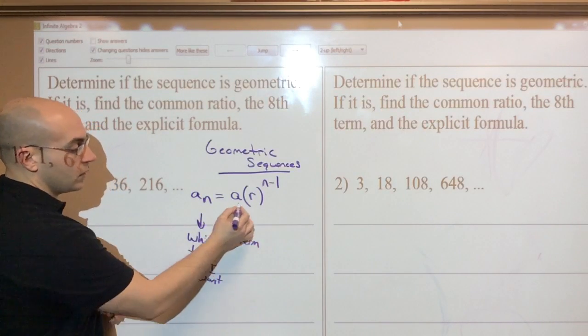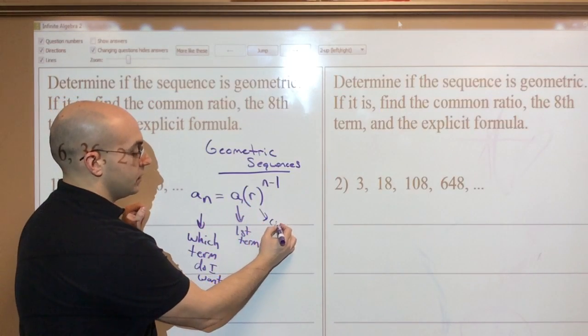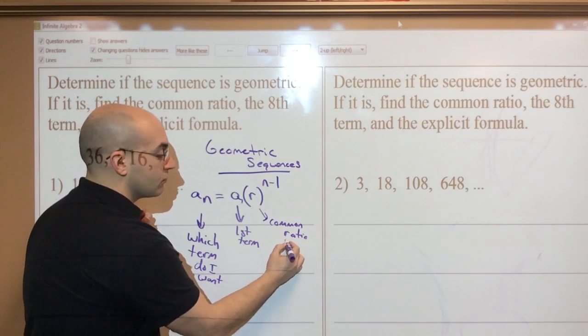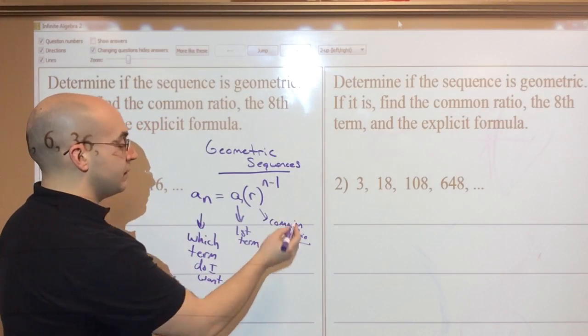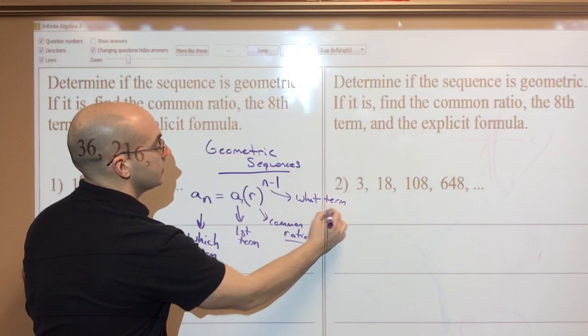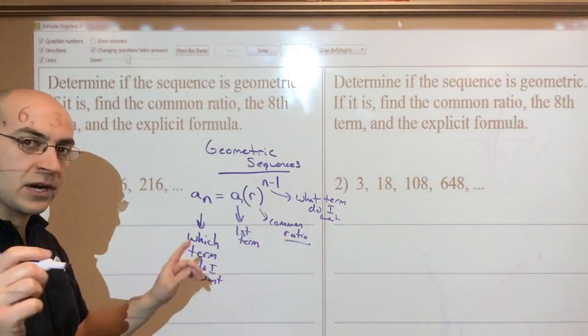It's like a sub 1. Right? R is the common ratio, so the multiplier. Okay. Remember that it's a common ratio, please, please, please. And n minus 1 is, again, what term do I want? Right. So let's use this formula and do a couple of practice problems.